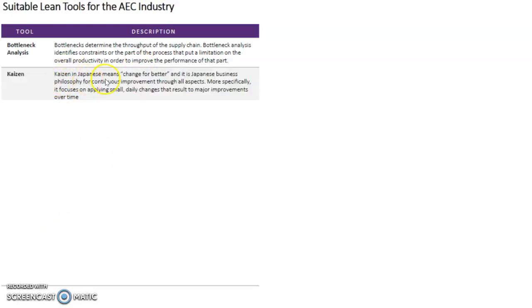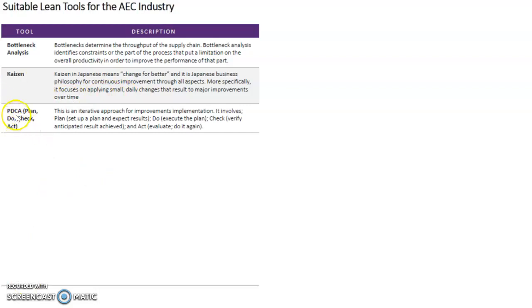Kaizen in Japanese means change for better, and it is a Japanese business philosophy for continuous improvement through all aspects. More specifically, it focuses on applying small daily changes that result in major improvement over time. The PDCA, or Plan, Do, Check, Act, is also another suitable tool to use in the industry under certain situations.